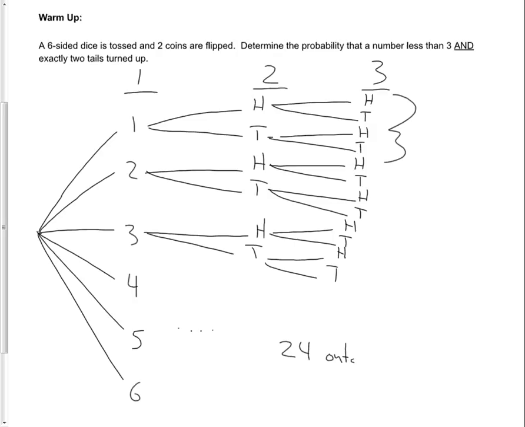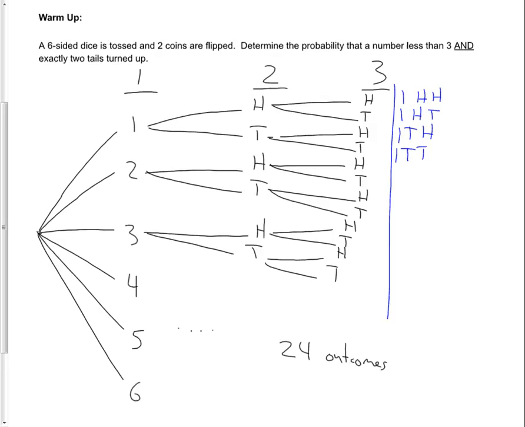I'm not actually going to complete the chart for all 24 outcomes, but we need to know that there are 24 outcomes in total. So now I'm going to map this out. Let's say I rolled a 1, then I got a head and a head. I rolled a 1, I got a head and a tail. I rolled a 1, I got a tail and a head. 1, tail, tail.